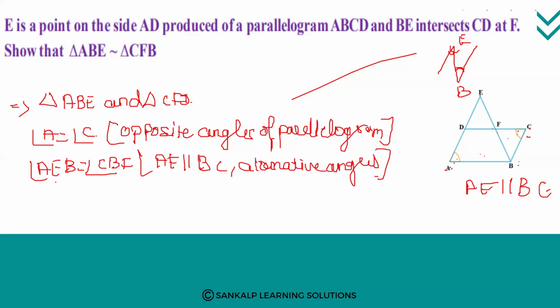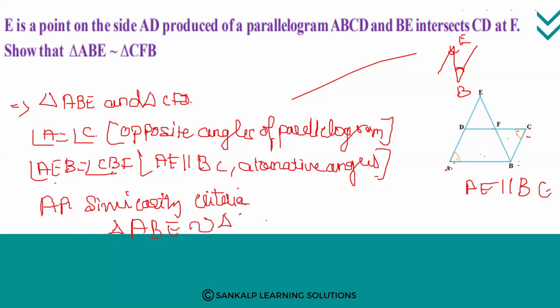So, A is equal to C and E is equal to B. That means by using AA similarity criteria, we can say that triangle ABE is similar to triangle CFB, right? Okay. Understood?